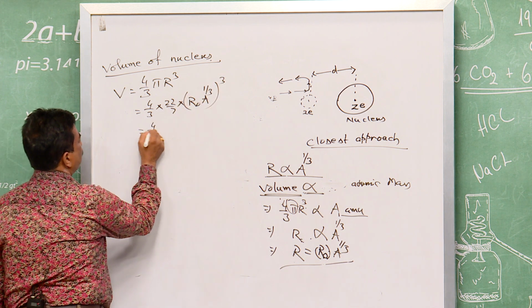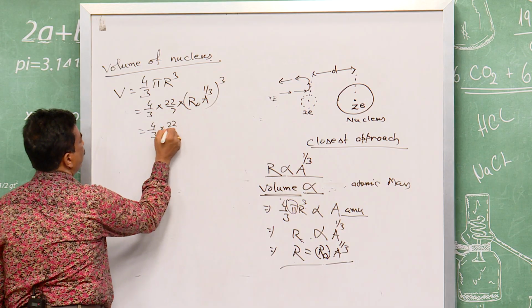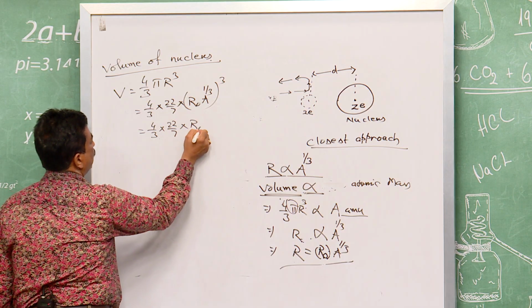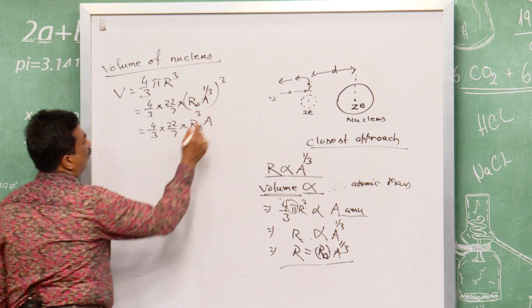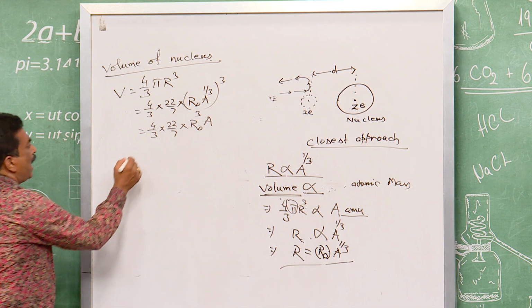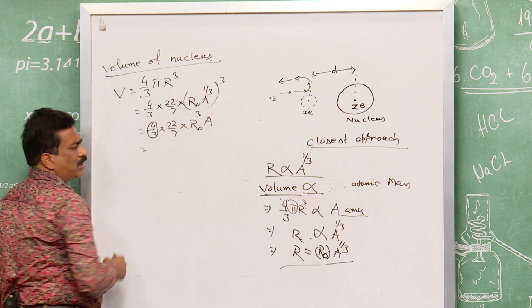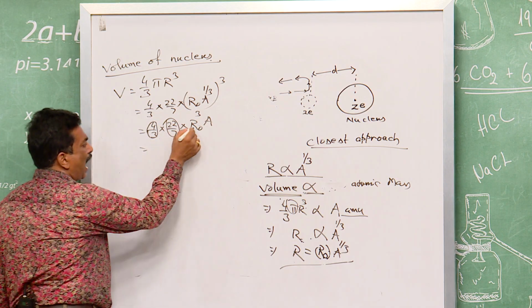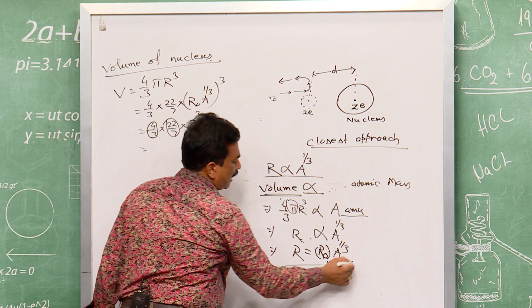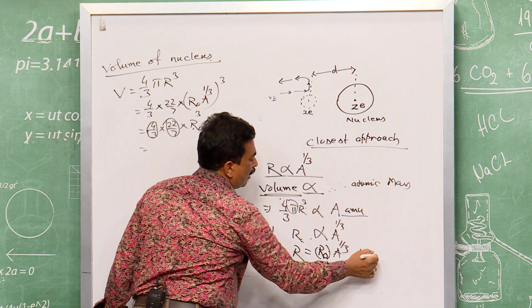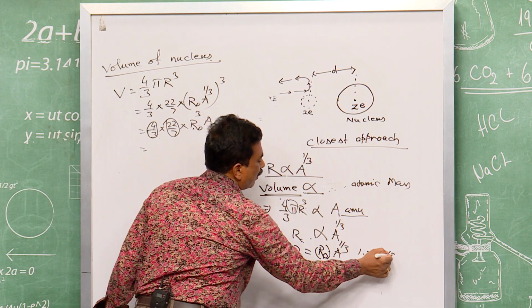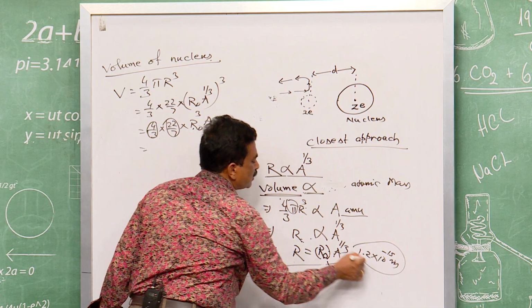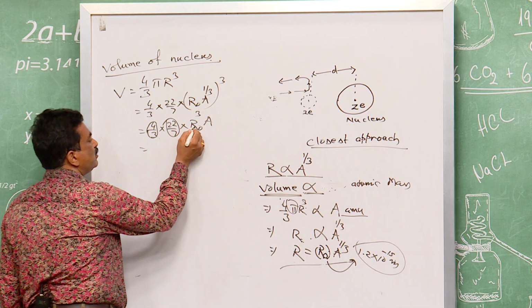That implies V equals 4 by 3 pi R0 cubed times A. This 4 by 3 pi is a constant, 22 by 7 is a constant, and R0, as we have written, is 1.2 into 10 to the power of minus 15 meter, so this is also a constant.